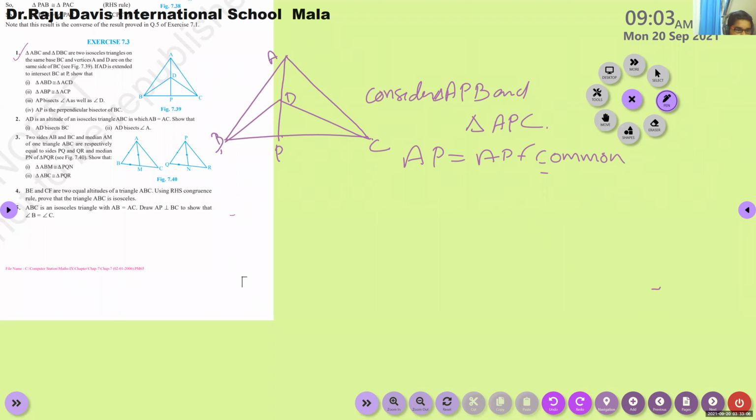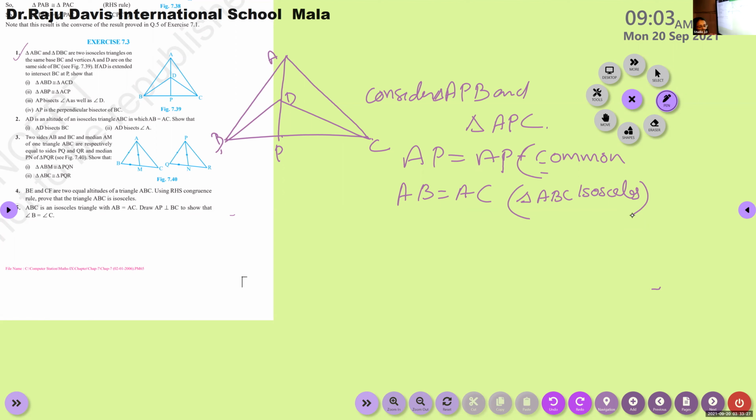AB equal to AC, very good, because triangle ABC is isosceles. Then BP is equal to CP.